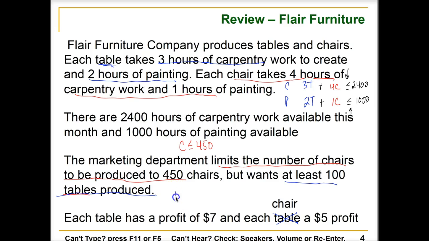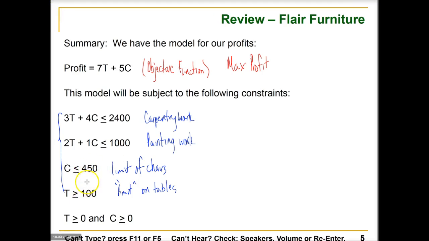So we'll just go ahead and put this down here. And now you see how we get C is less than or equal to 450 and T is greater than or equal to 100. So that's what we have here. These last two are basically saying that for this problem, it does not make sense to produce a negative number of tables or a negative number of chairs.